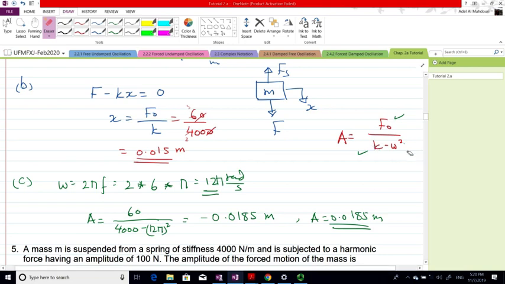What you will see is mass multiplied by omega squared. So this is what I missed here, sorry. And that one will be m. How much is m? M is given.